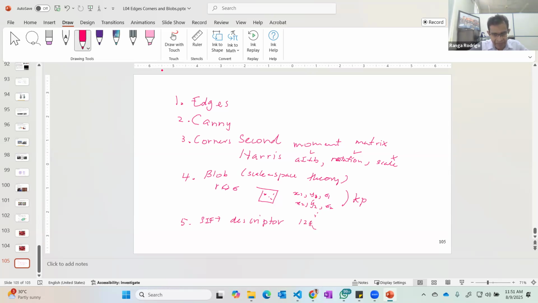At each of those key points, we will have one of those 128-dimensional descriptors assigned. With this, we can have an image, and another image like that, and between the images, we can match these points.